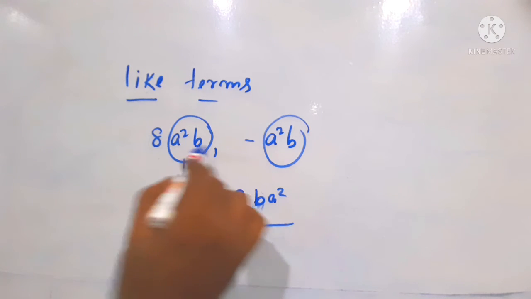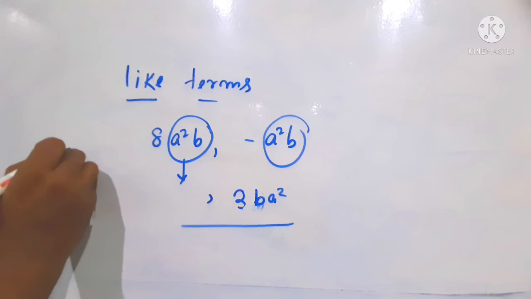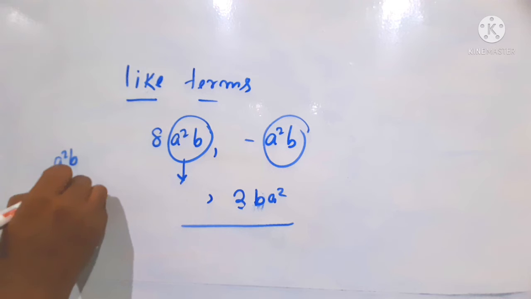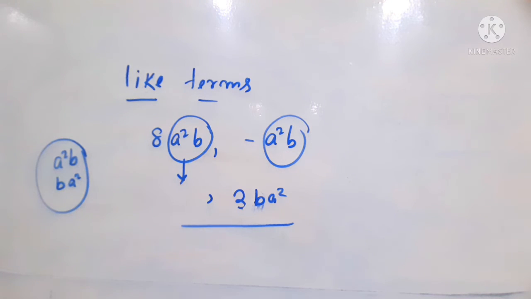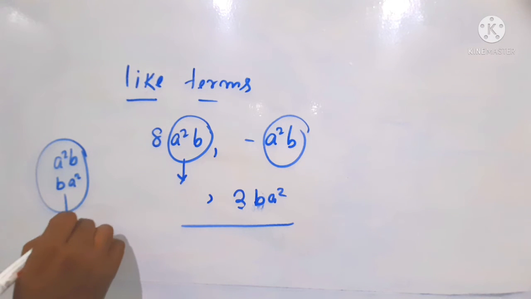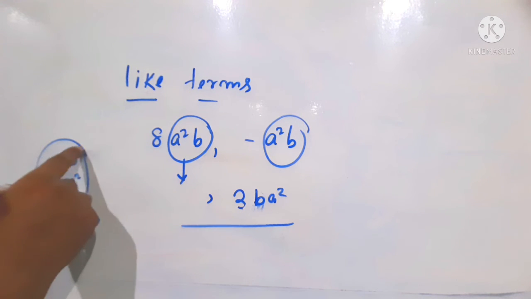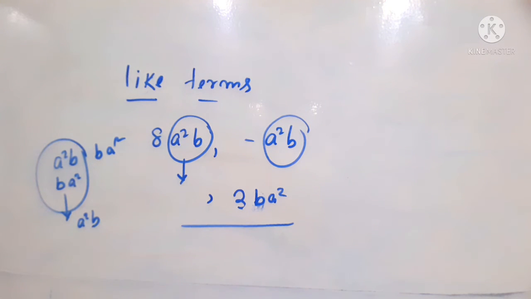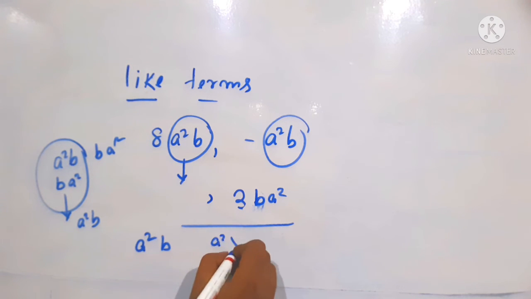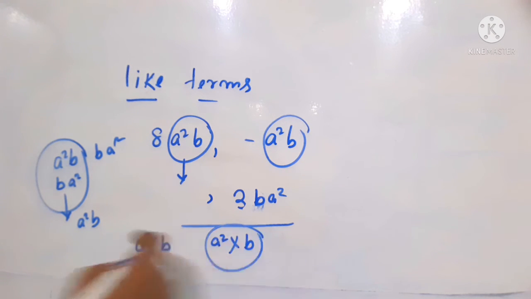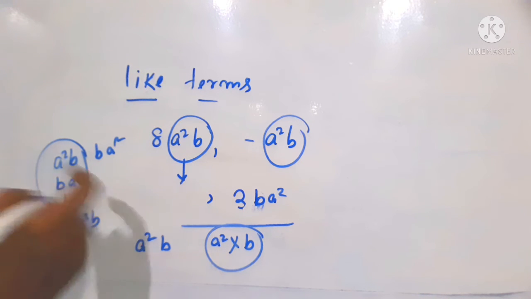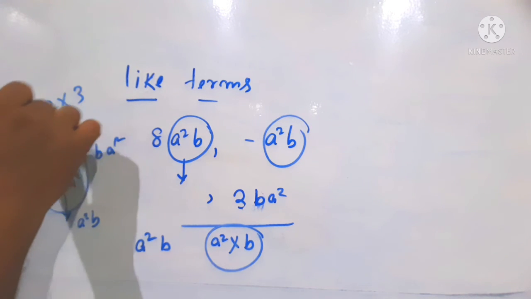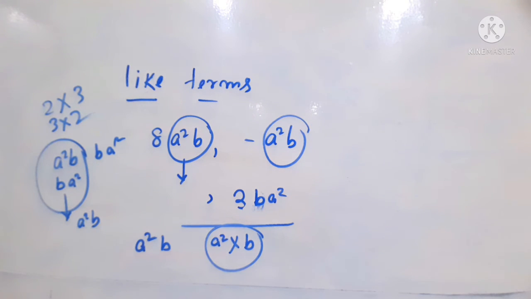How can you define this? You know, a square b and b a square, both are the same. Just arrange. This can be arranged as a square b, and this also can be arranged as b a square. The matter is the same: its meaning is a square into b, and its meaning is b into a square, and you know 2 into 3 and 3 into 2 are the same.